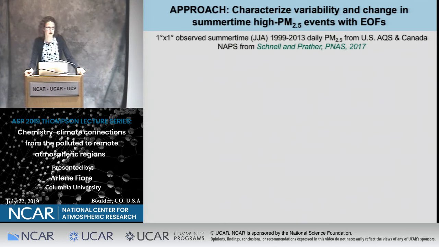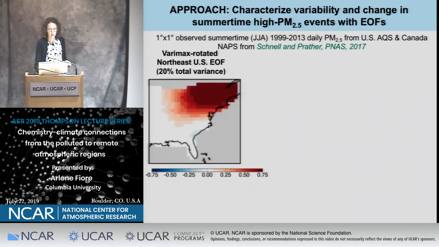He was a graduate student with Michael Prather at UC Irvine, and he basically took the point data and made a 1 degree by 1 degree grid over the US. We're using the eastern US from 1999 to 2013. This is really ideal for working with a coarse resolution chemistry climate model because the resolution that we're working at is about 2 degrees, latitude by longitude.